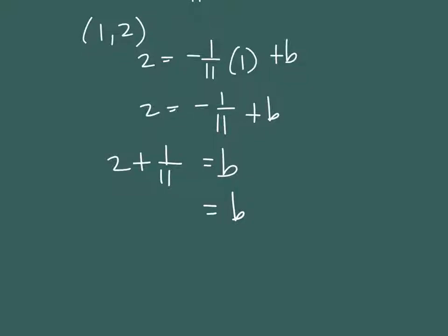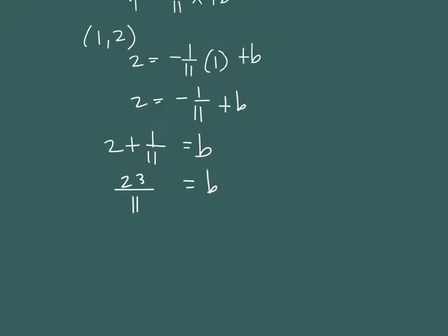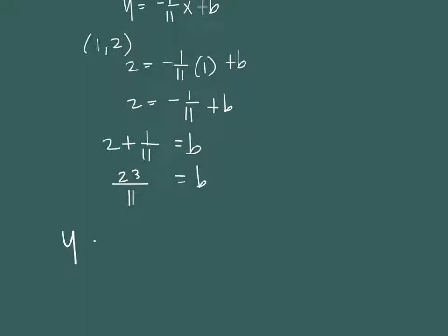So that's 23 over 11. Or think of it as 2 and 1 over 11. So 23 over 11. So finally, our equation is y equals negative 1 over 11x plus 23 over 11. We have the m, and then we have the b for the normal line.